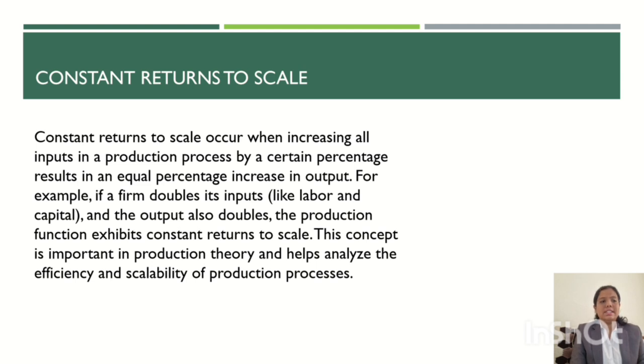So this is constant returns to scale. Constant returns to scale occur when increasing all the inputs in a production process by a certain percentage results in an equal percentage increase in output.